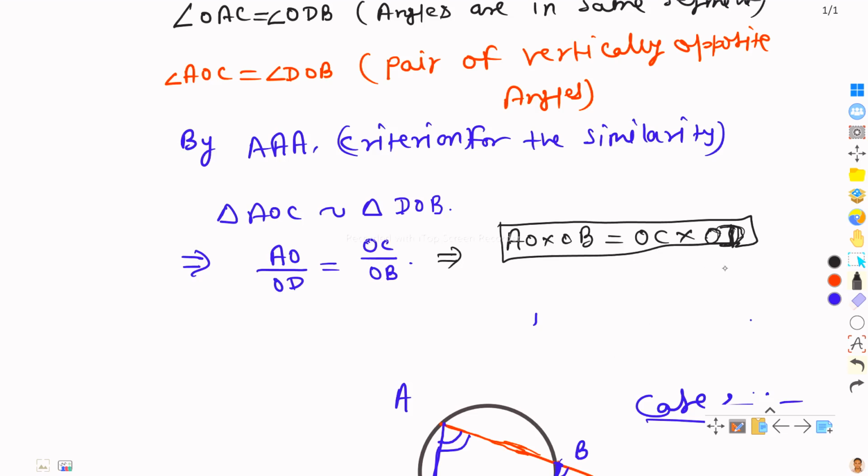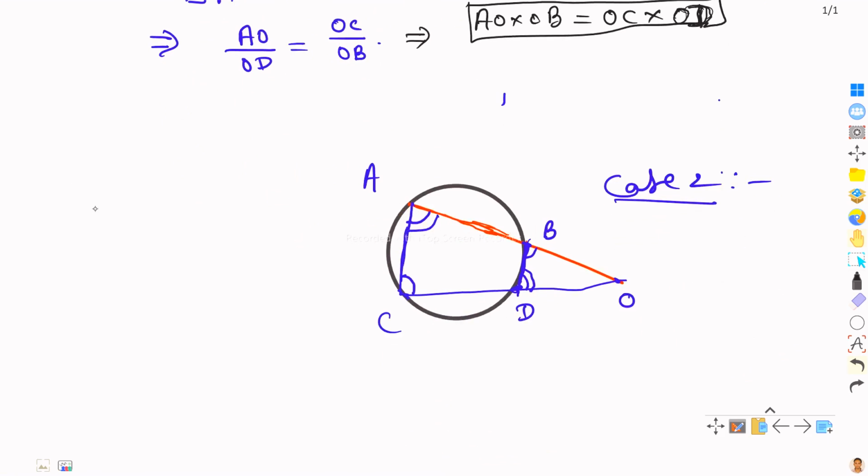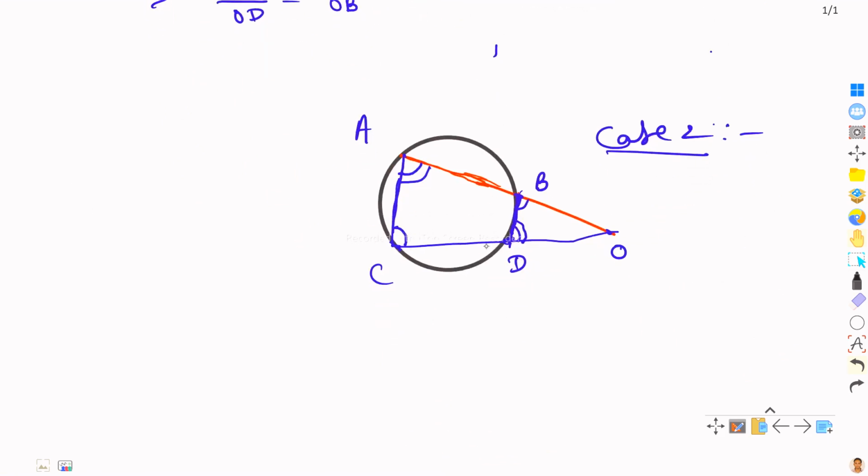In case 2, these chords are intersecting each other externally. These chords AB and CD intersect externally at point O. We again see that the same result is valid here: AO into OB equals OC into OD.